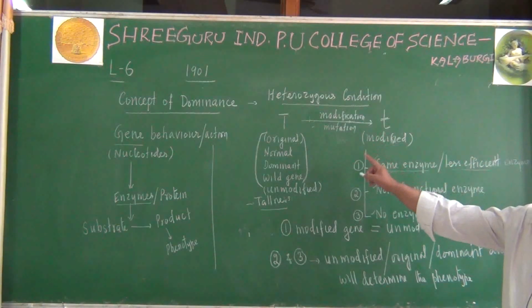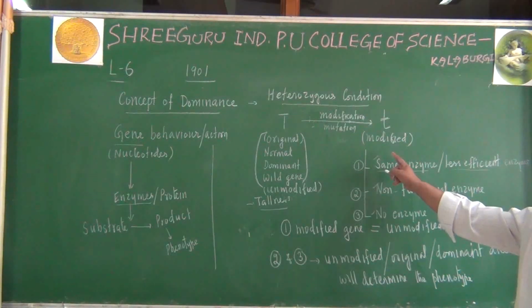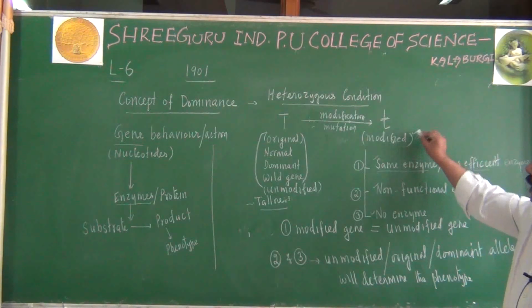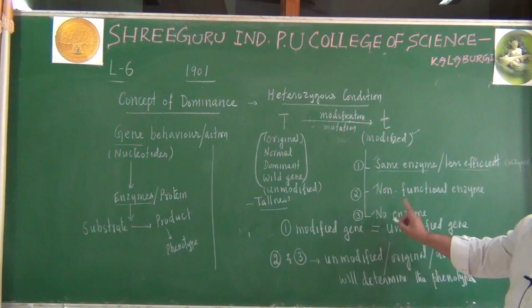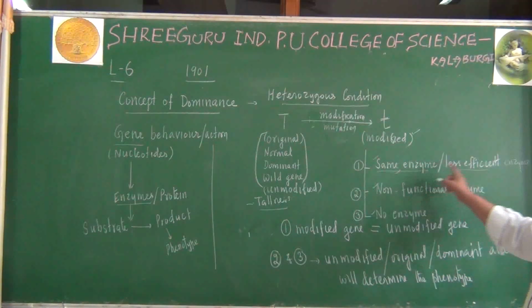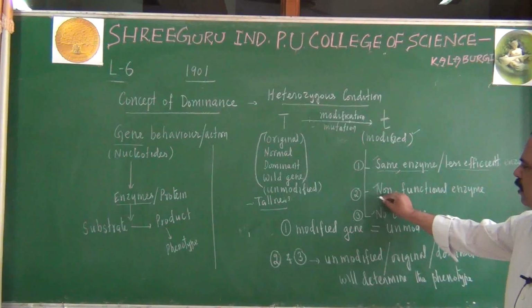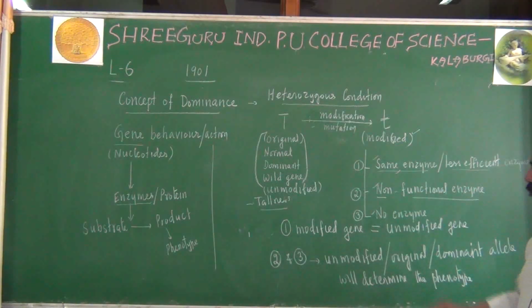Due to evolution, the original allele will undergo modification, and that modified allele can behave in three ways. Either it may produce the same enzyme or a less efficient enzyme, or it will produce a non-functional enzyme, or it will not produce any enzyme.